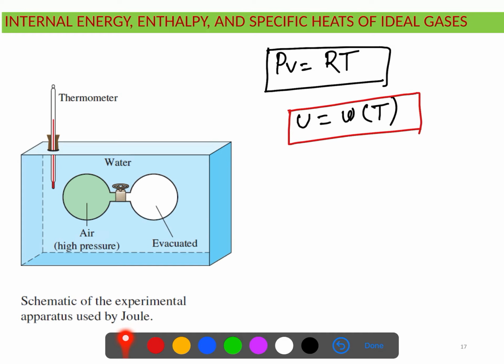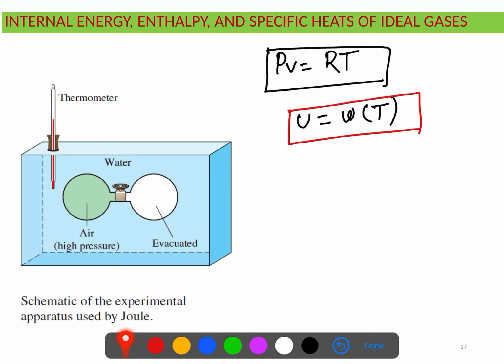Once the air passed from one tank to the other, until the pressure equalized in both tanks, what Joule observed was that the temperature is constant. The temperature is not changing, and no heat transfer happened.